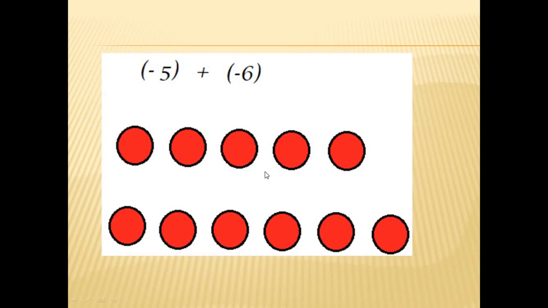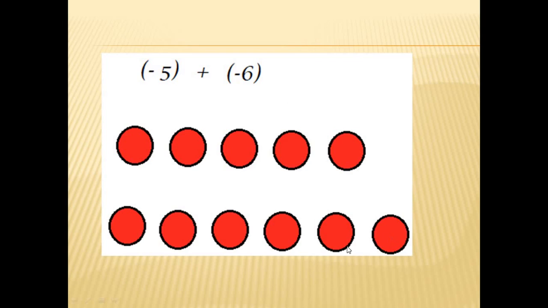Let's add 2 negative integers. To indicate negative integers, we are taking red counters. So, here it is negative 5 and negative 6. To indicate negative 5, here 5 red counters are there. To indicate negative 6, 6 red counters are there.